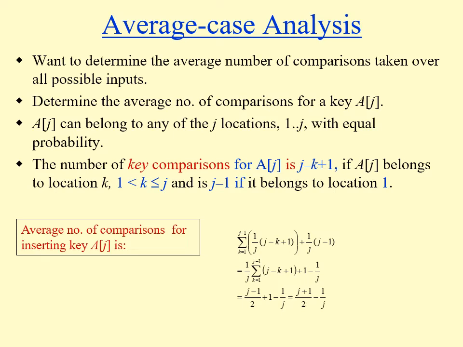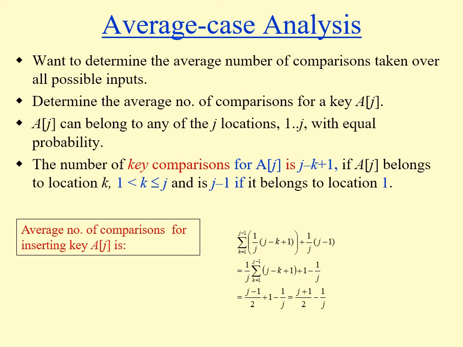Uniform means each case has the same probability. So we have J locations, each one with the same possibility. Adding them together must be 100%, correct? For example, if we have 10 locations, each one is 1 over 10, meaning 10%. So 10% multiplied by 10, you get 100%.